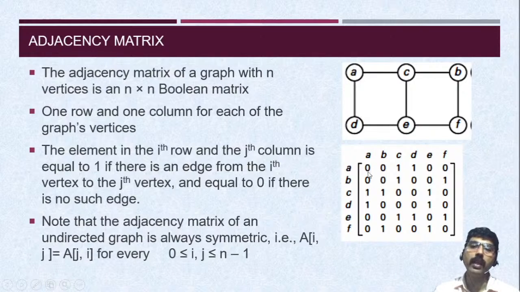For example, see here, this column and this row are given to A. In a similar way, this row and this column are given to B. If there is an edge between the ith element and the jth element, we consider this one as i and this one as j. If there is an edge between the ith element and the jth element, we represent it by 1. For example, see here.